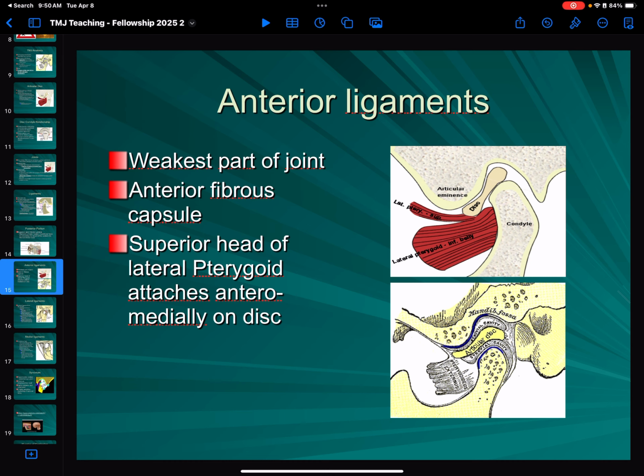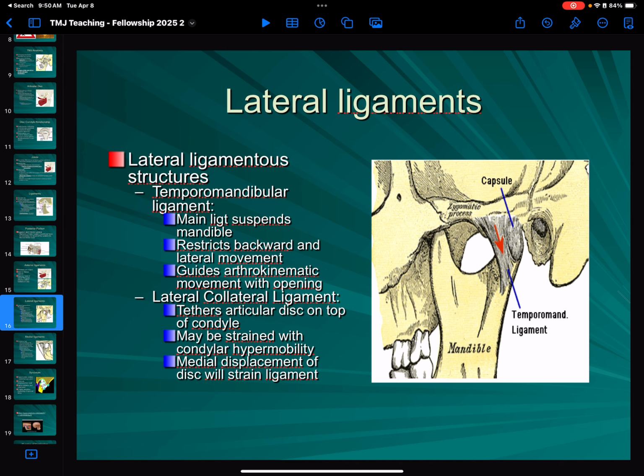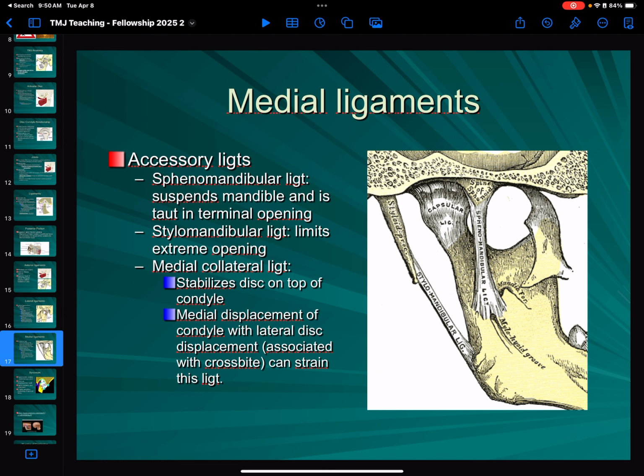And then the lateral collateral ligament. So just like the knee, you've got a lateral collateral ligament. It may be strained with condylar hypermobility, and then medial displacement of the discal strain ligament. So this would be the one, again, with trauma that you're going to have the most issues. The sphenomandibular ligament suspends the mandible and is caught in terminal opening.